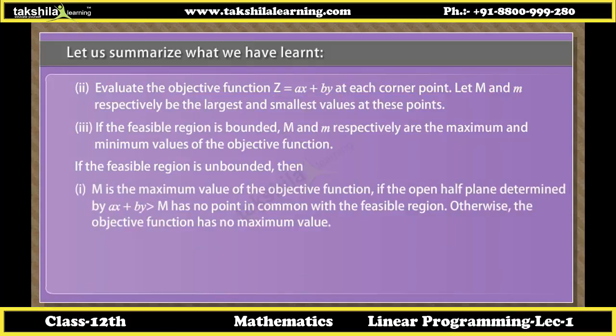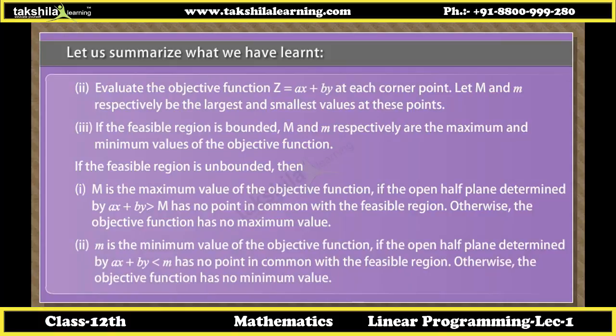1. M is the maximum value of the objective function if the open half plane determined by ax plus by greater than M has no point in common with the feasible region. Otherwise, the objective function has no maximum value. 2. m is the minimum value of the objective function if the open half plane determined by ax plus by smaller than m has no point in common with the feasible region.